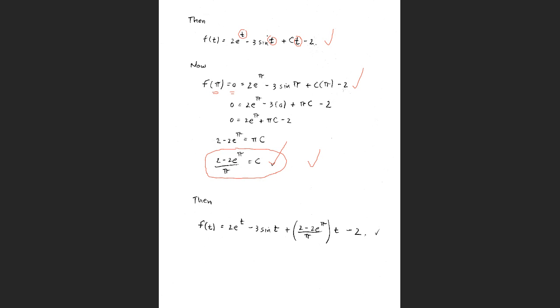Okay, well, then the function we're looking for that meets the conditions in the problem. You know, we were given what the second derivative was of the function, and we were given two conditions about the function.